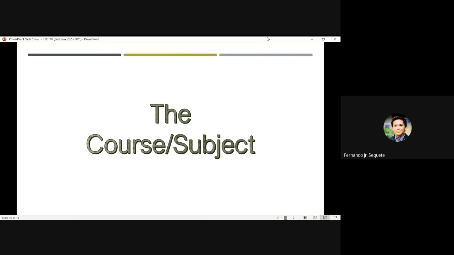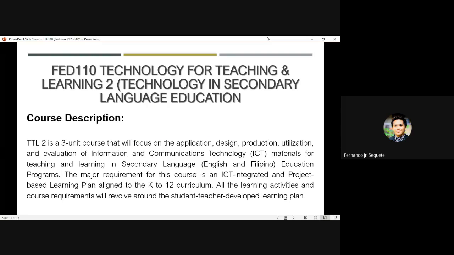Okay, let's proceed to the last part of this orientation, which is, I think, the most highlighted part of this orientation. The subject and, of course, your grade component. Okay, that is the full name of your subject, FED110 Technology for Teaching and Learning 2, Technology in Secondary Language Education.